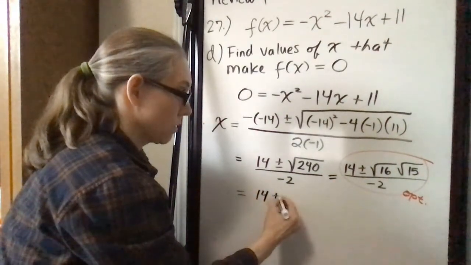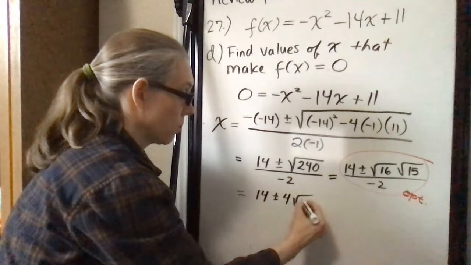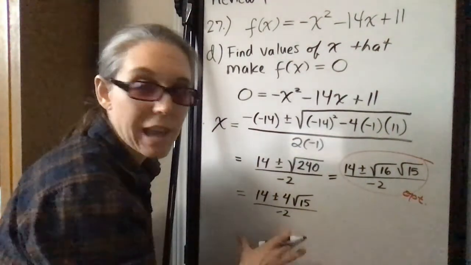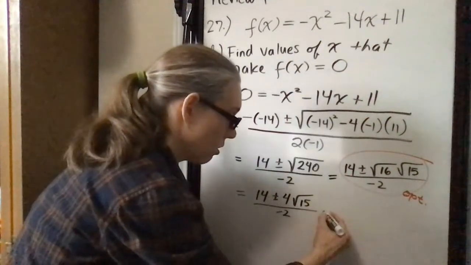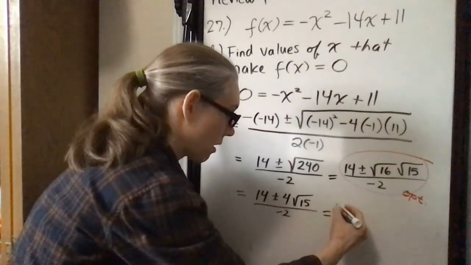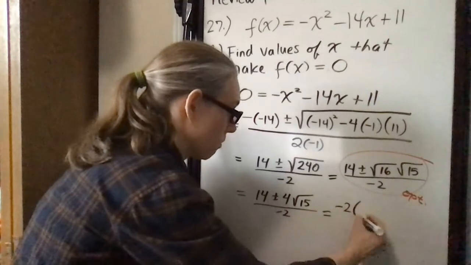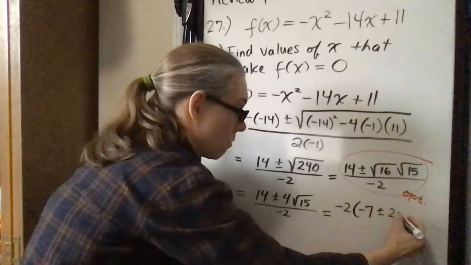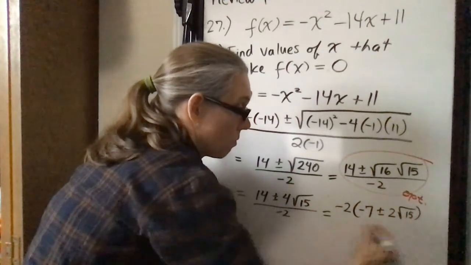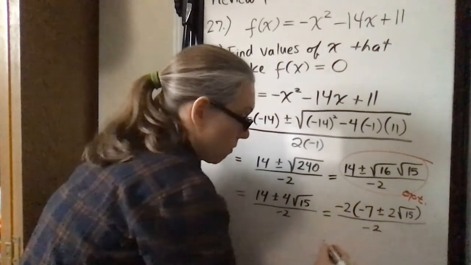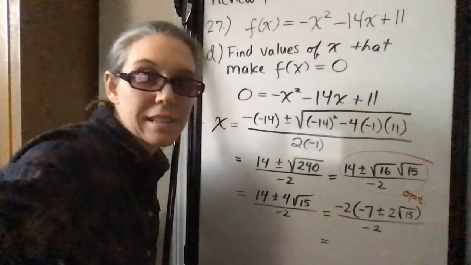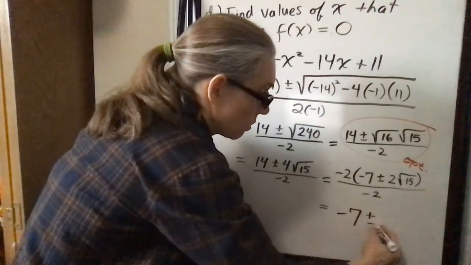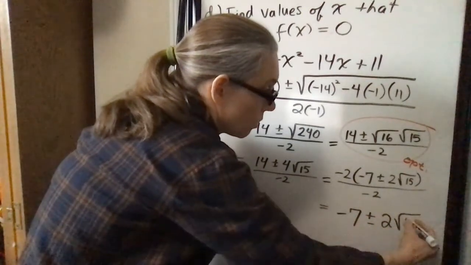14 plus or minus 4 root 15 over negative 2, and then you can factor out a 2 from the numerator, or rather a negative 2 from the numerator. And so your exact answer is negative 7 plus or minus 2 root 15.